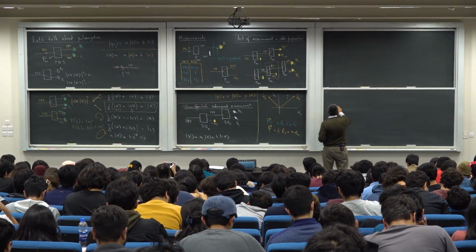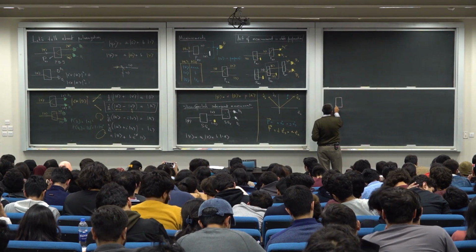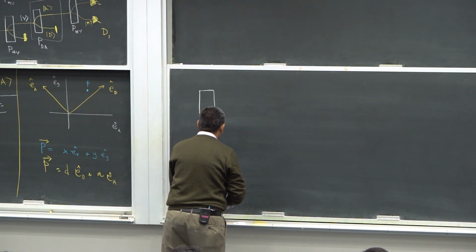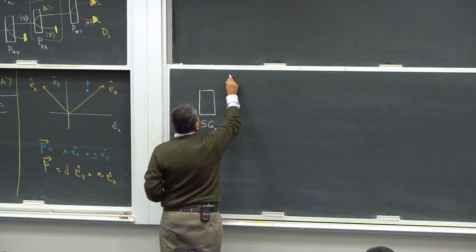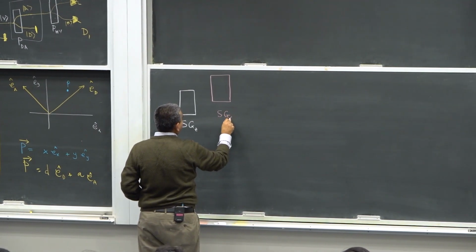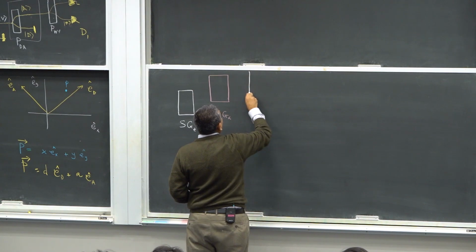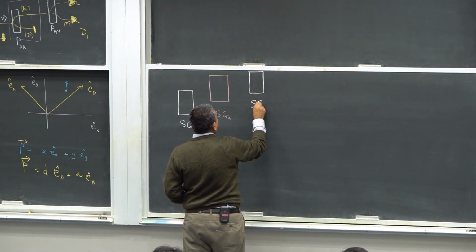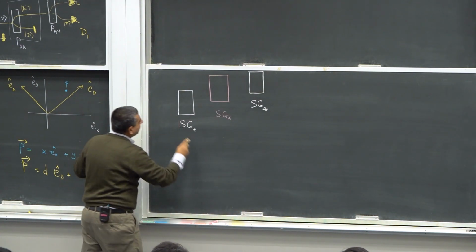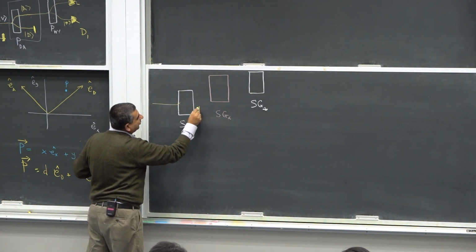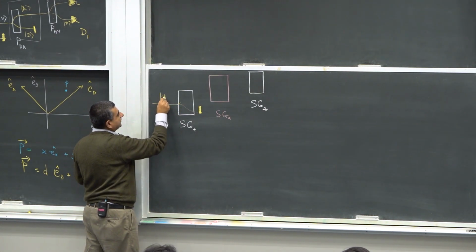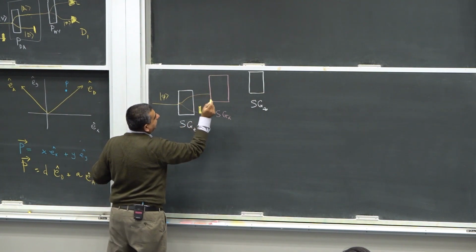For that I would draw a Stern-Gerlach apparatus along Z, followed by a Stern-Gerlach apparatus along X, followed by another Stern-Gerlach apparatus along Z. So an electron spin comes in, there's a block here, arbitrary input quantum state, this goes here.